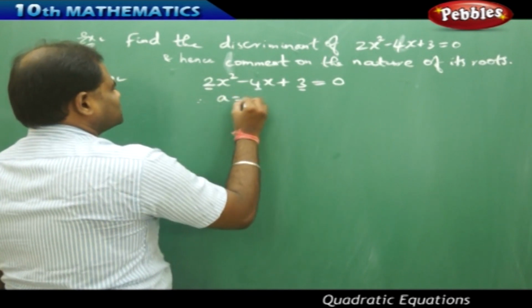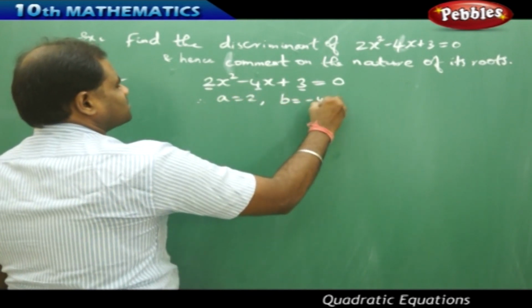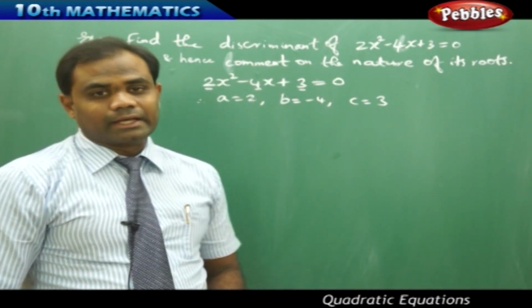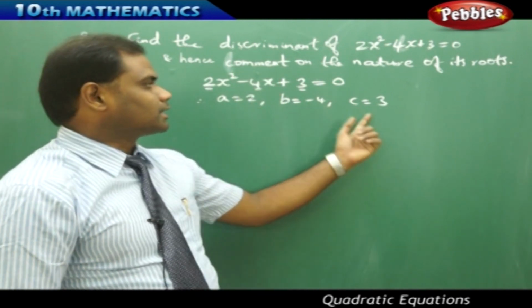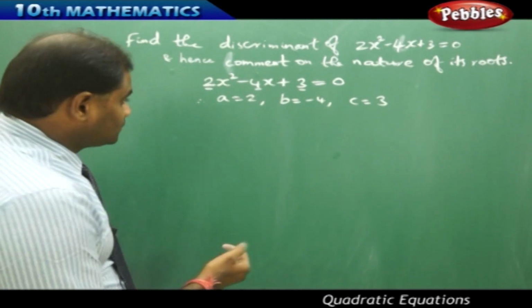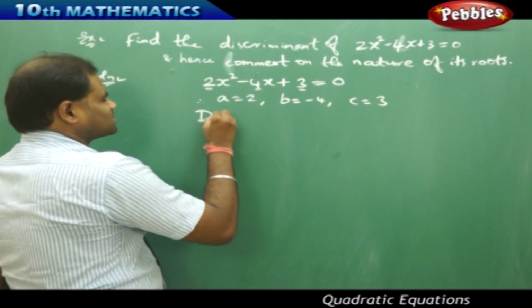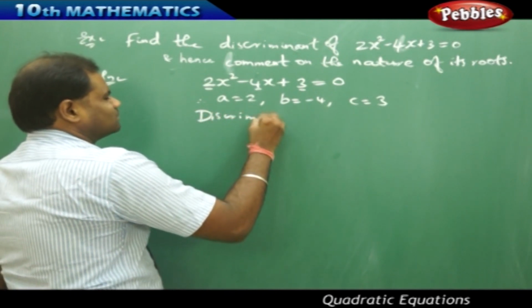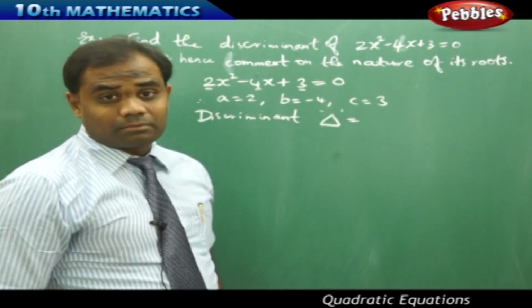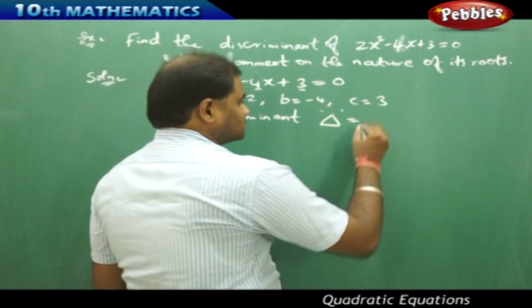Therefore a is 2, b is minus 4, c is 3. Once I get a, b and c, the discriminant is given by the formula delta is b squared minus 4ac. We all know that.